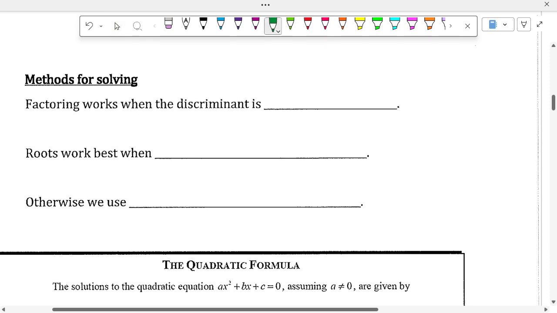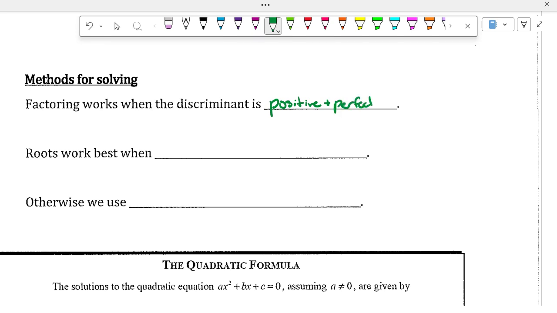Factoring works when the discriminant is positive and a perfect square, so it has to be both positive and a perfect square, or 0. If the discriminant is 0, you should be able to factor it because 0 is a rational number and a perfect square.